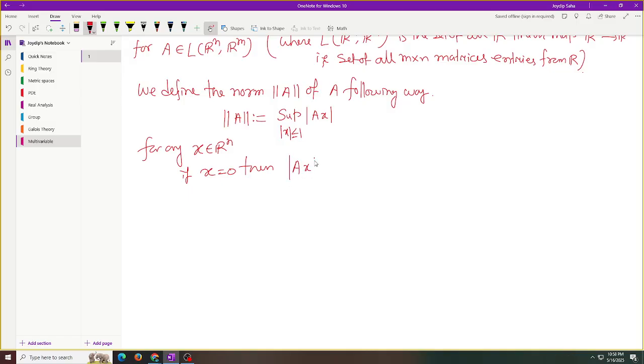Mod Ax is always less than or equal to norm A, because both sides are 0. And that is equal. If x is not equal to 0, take y equals x by mod x.